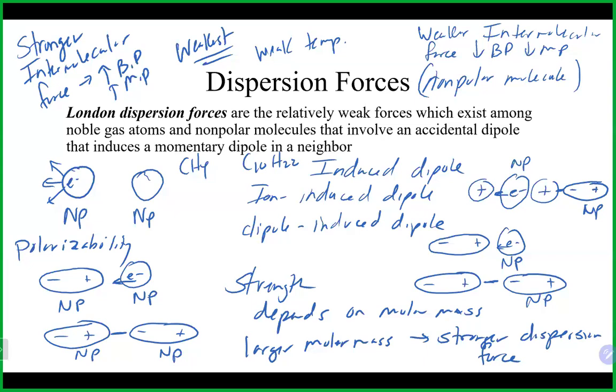So we'll have a greater opportunity for electrons to sort of polarize, also greater opportunity for interactions to occur. So if you have to pick between two nonpolar molecules and you're asked a question like which one should have the higher melting point, boiling point, it is the one that has a greater molar mass is usually the correct answer to that. Any questions on that there?